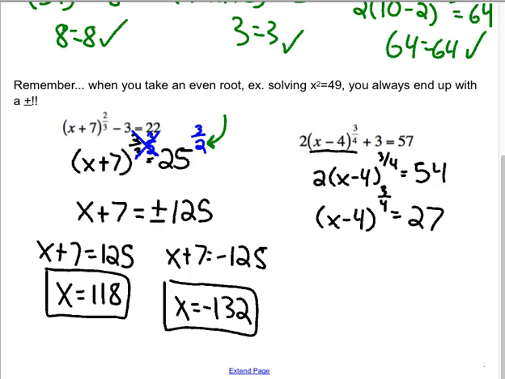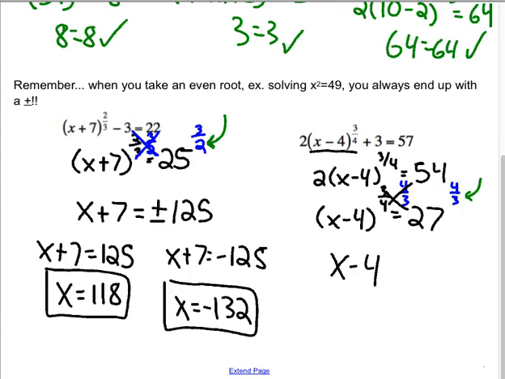Okay, and now to get rid of it, remember I need that reciprocal. All right, so here it's going to cancel off there. So I have, oh, don't even need the parentheses anymore. So x minus 4. Now here, notice the bottom is odd. So I'm taking a cube root.